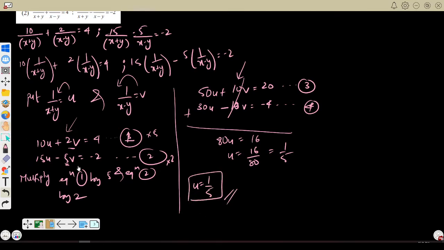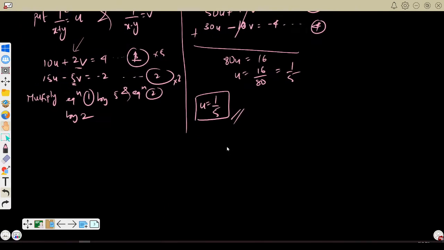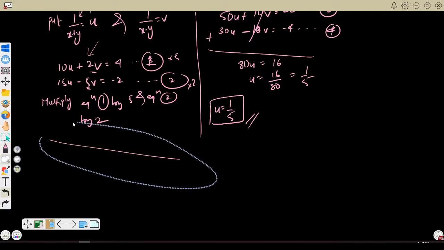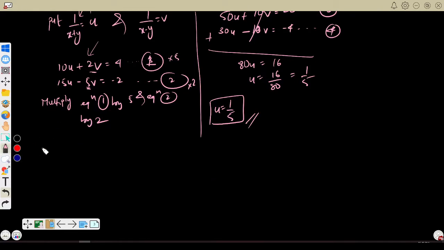After this, I can easily find the value of the second variable, that is v. What I will do is put u is equal to 1 upon 5 in, let's say, equation 1.